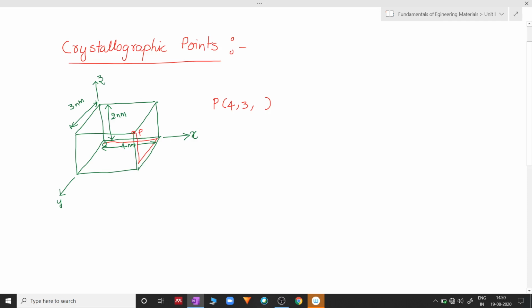Then I will reach this point P. So this point P is specified as 4, 3, 2.